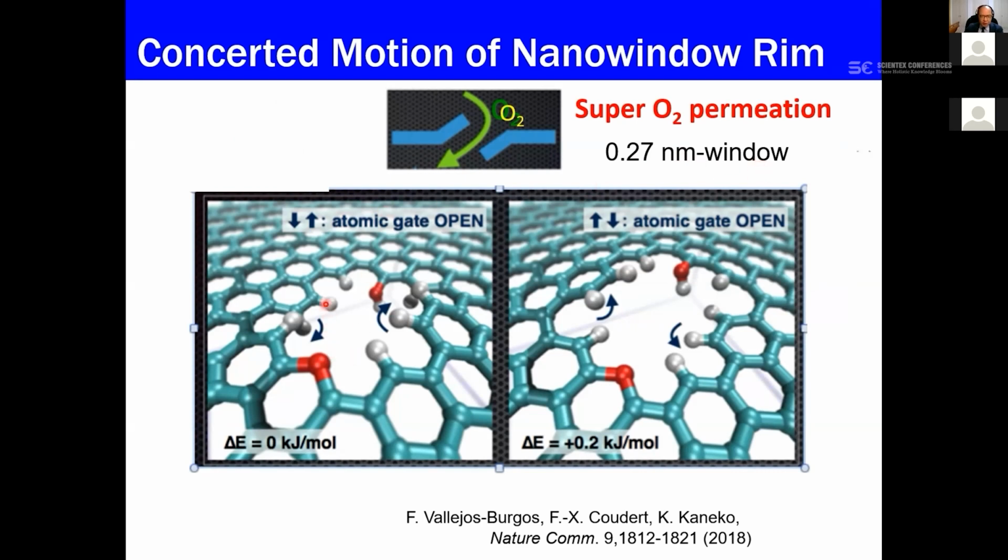Because the oxygen or hydrogen at the rim can do concerted motion to give permission for the oxygen permeation. Then we can get high selectivity by these nano windows in graphene.